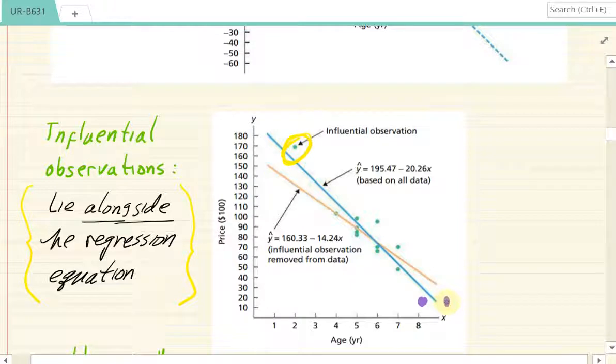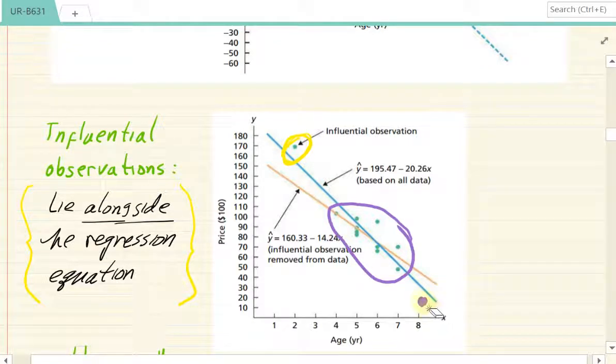If naturally those were there, those would be influential. Influential observations lie away from the rest of the group, but it's very important that they lie alongside. So if you continue that line, see, alongside means this. Okay, so that's what influential observations are.